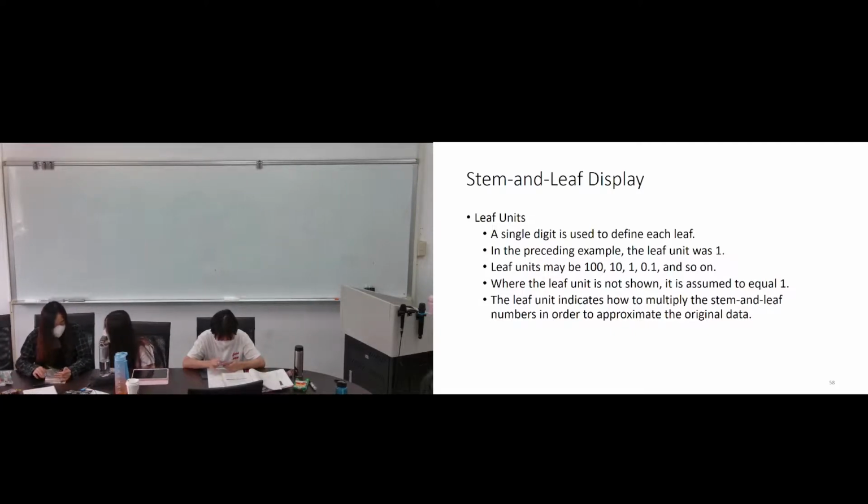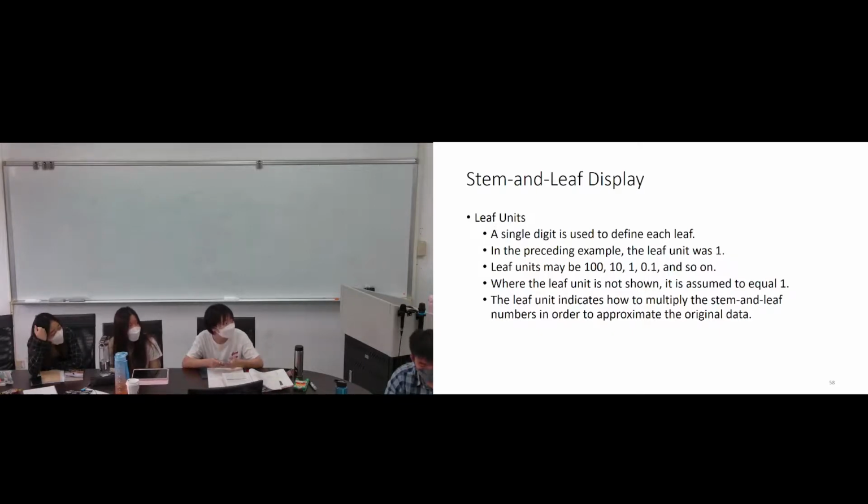But the leaf unit could be 100, 10, 1, 0.1, and so on.